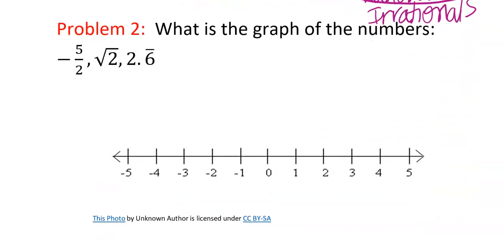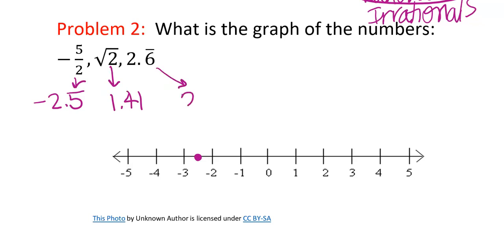Problem number 2, what's the graph of the numbers -5/2, the square root of 2, and then 2.6 repeating? I find it easier if we change each of these to their corresponding decimals to graph them a little bit closer. So -5/2, if you divide those two, you get -2.5. And -2.5 is between -2 and -3. The square root of 2 is about 1.41 or 1.4.